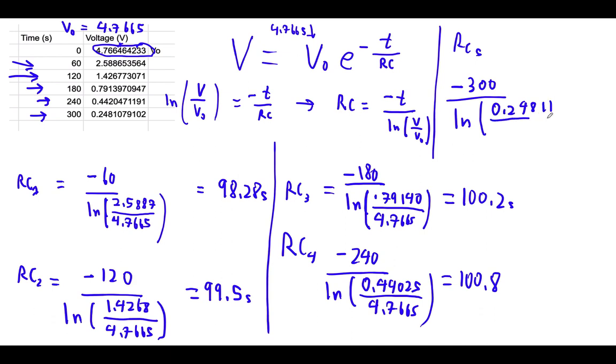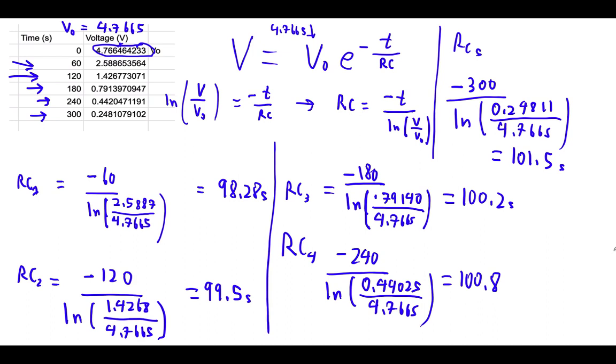That's what we do. And then, because we rounded this guy, 1, 2, 3, 4, 5, yeah, 4.7665. So again, I just hit up arrow on my calculator and edit the values I typed in. 0.24811. $101.5. Okay, seconds. All right.